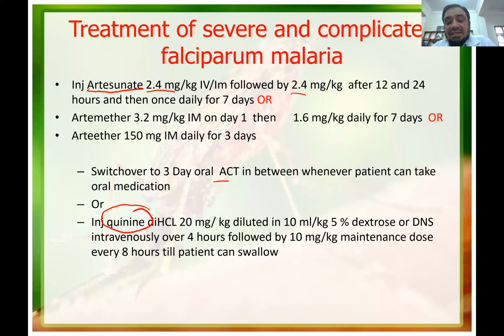Quinine is given in the dose of 20 milligram per kg, and it is diluted with 5% dextrose or DNS, and it should be given slowly over the period of 4 hours, and then you give 10 milligram per kg maintenance dose every 8 hourly until the patient is conscious and he can take the drug orally.